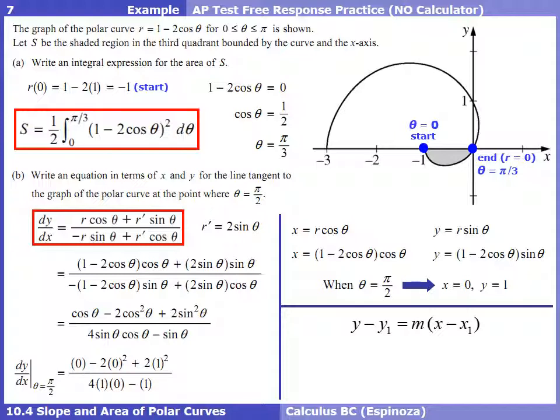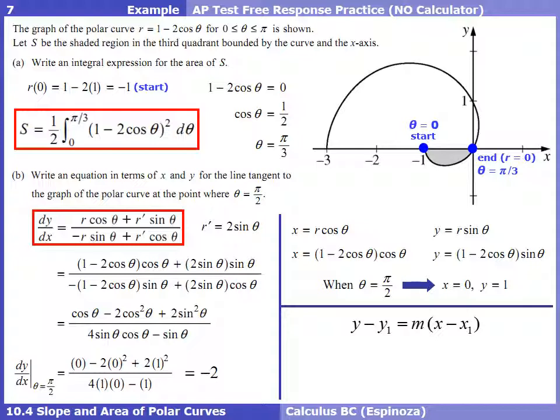So if you plug in pi over 2 into this fraction, very carefully, you'll get cosine of pi over 2, which is 0, cosine of another pi over 2, which is 0, but we're squaring it, sine of pi over 2 is 1, and then the bottom works out with those same values. Ultimately, if you're very careful with this entire process, you'll find that the slope of your tangent line, when theta is equal to pi over 2, is equal to -2.